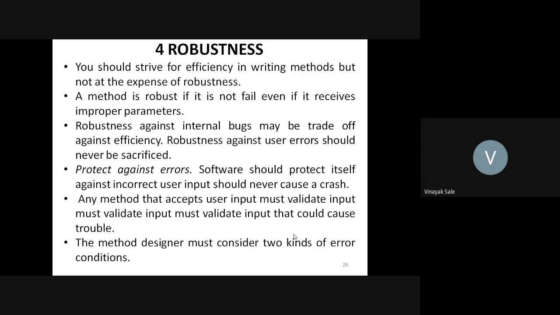Robustness against internal bugs may be traded off against efficiency. Robustness against user errors should never be sacrificed. Protect against errors. Software should protect itself against incorrect user input and should never cause a crash.